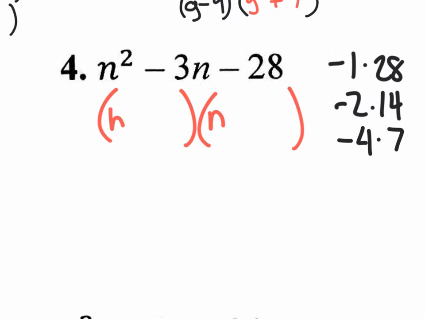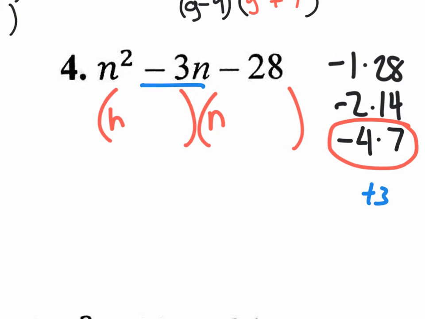So, ladies and gentlemen, this is very important here. This is the right pair of numbers, but it has the wrong signs. Because if I add these guys, I get a positive 3, and I know that I need a negative 3. So what does that mean? I have the right numbers, I just have the wrong signs.